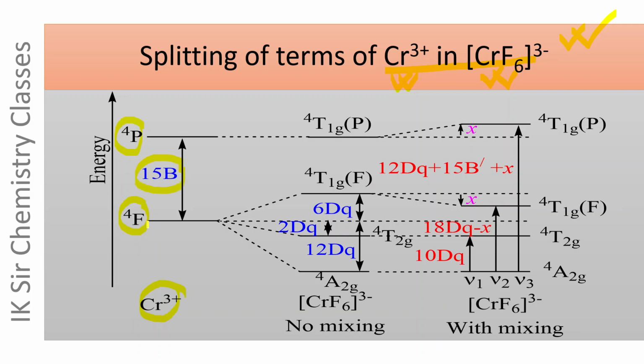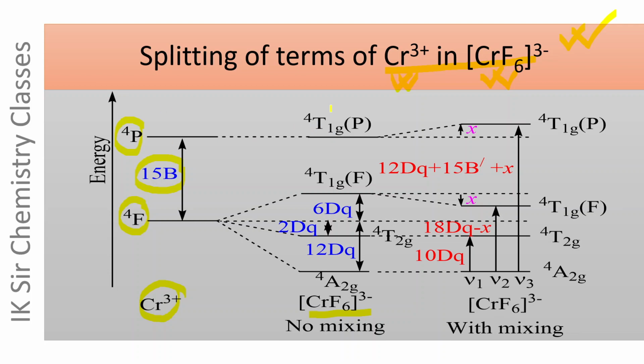The quartet F state will split up into three states: 4A2g, 4T2g, 4T1g(F). This splitting is similar to that in d8 octahedral complexes. The quartet P state does not split up in an octahedral crystal field.